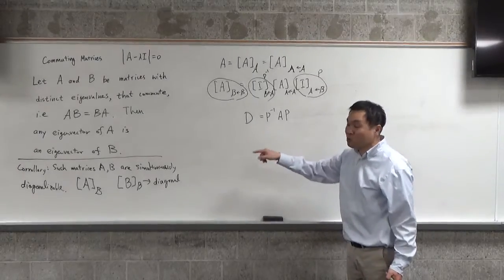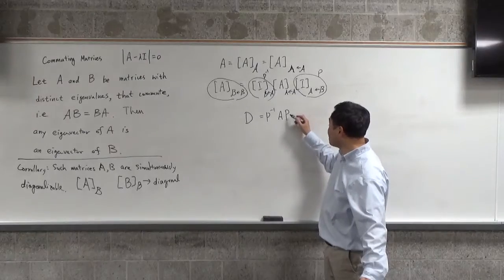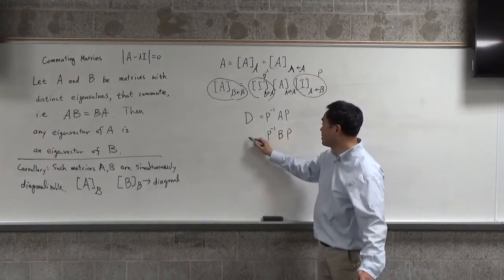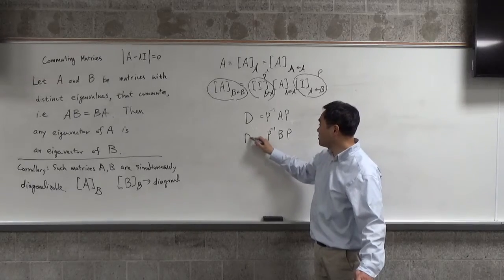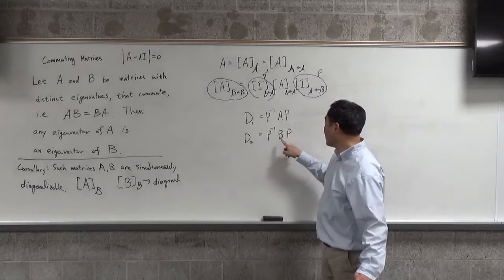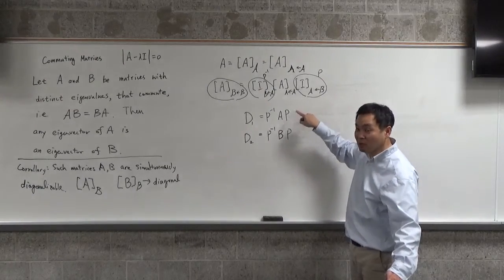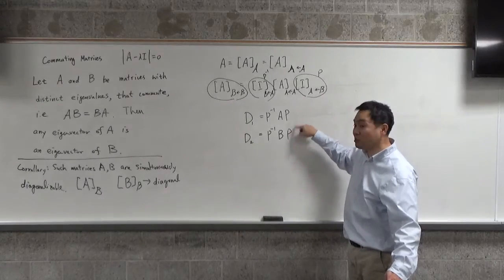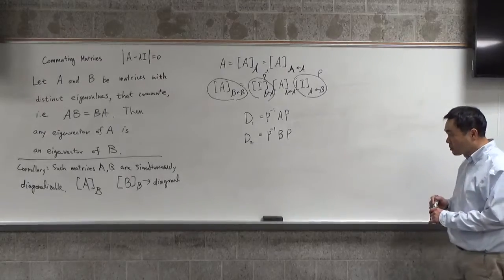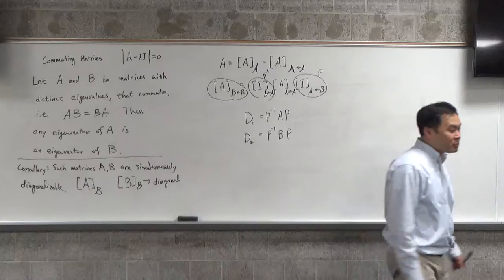And being simultaneously diagonalizable means that the same P can be used to diagonalize B. So it will be like D2, another diagonal matrix, and the important thing is that the same matrix P can be used to diagonalize both of them. Okay? Now, this actually happens in general.